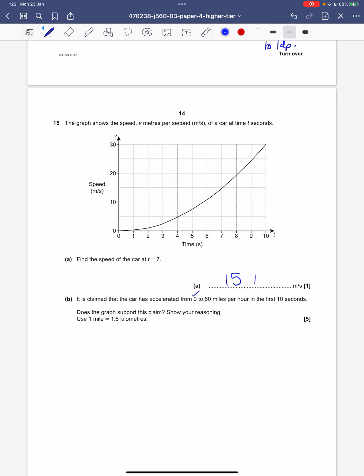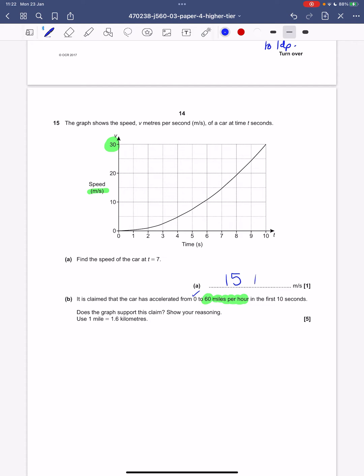So now we need to check. It's doing 30 metres per second after 10 seconds. Is this 30 metres per second equivalent to 60 miles per hour? It is at the first 10 seconds, so we don't need to worry about the 10 here.